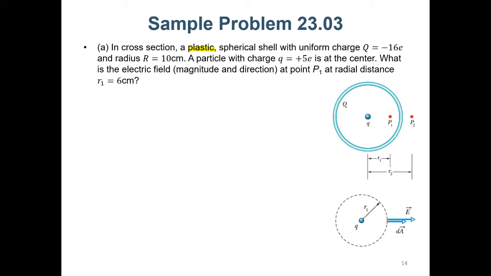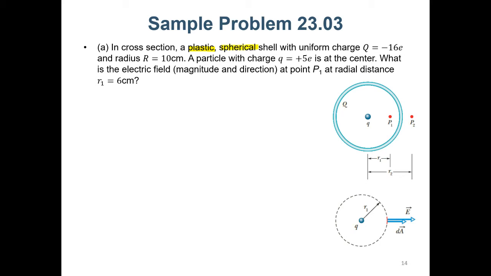So it may be a little bit different for a conductor. You need to be careful about this term, which is usually a trap in a question. So plastic may be important to you.